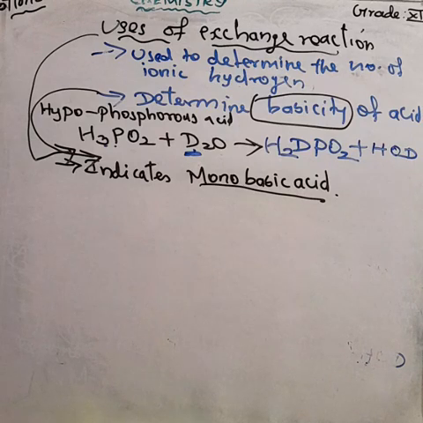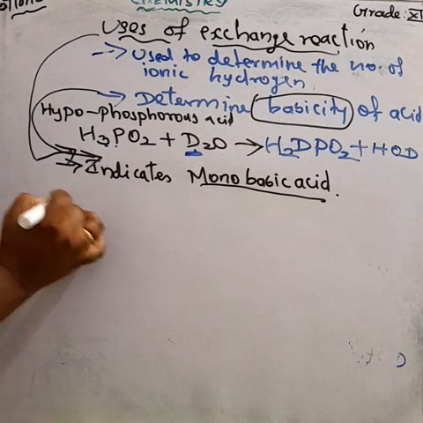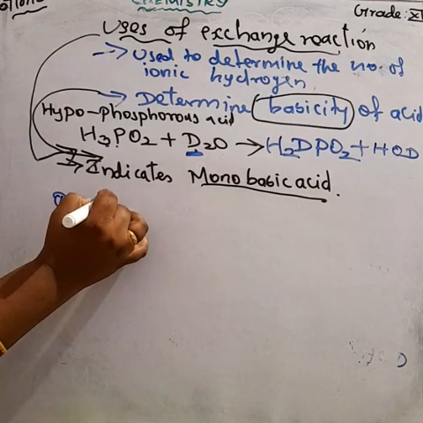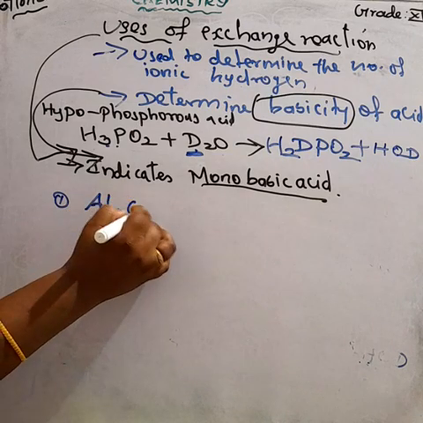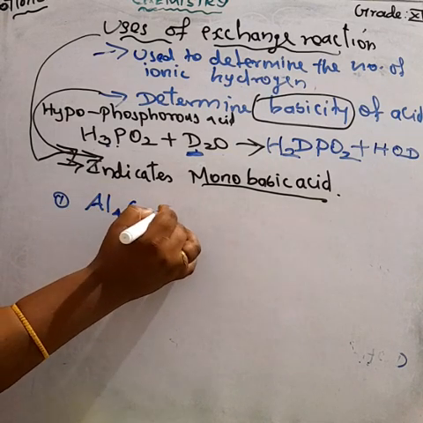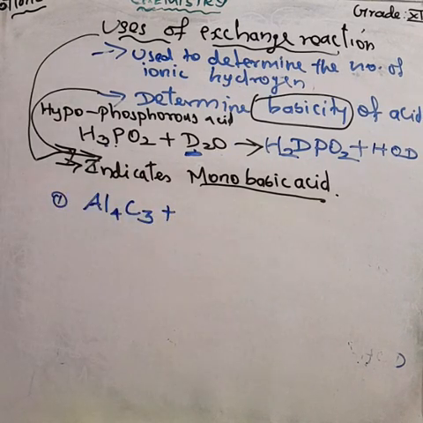We are going to study how heavy water is used to prepare them. For example, we take aluminium carbide. What is the formula for aluminium carbide? Al4C3.